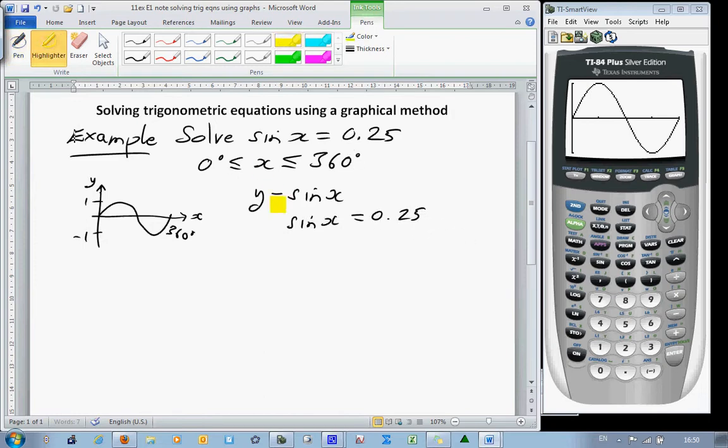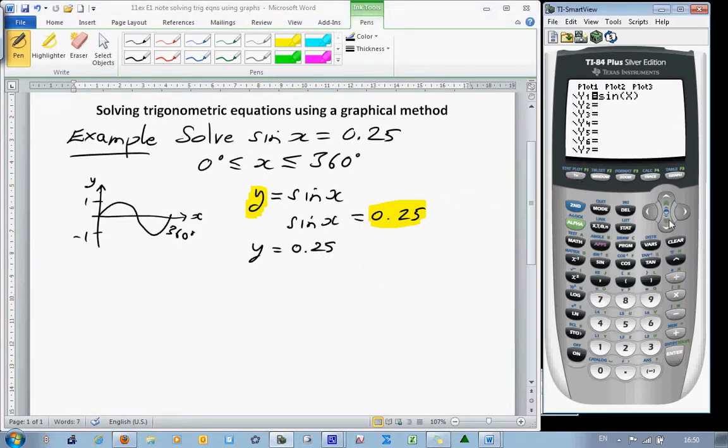So the simplest thing right now is to plot y equals 0.25. That can be put into y2, and then when I graph that, it gives us a straight line, which is what we'd expect, going across at y equals 0.25.